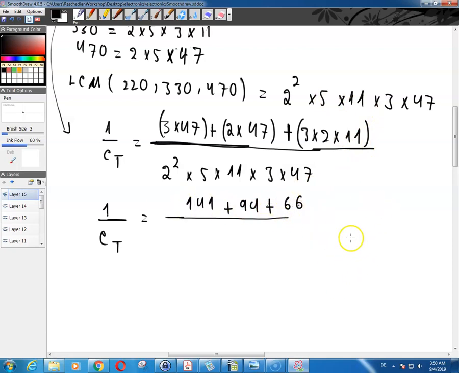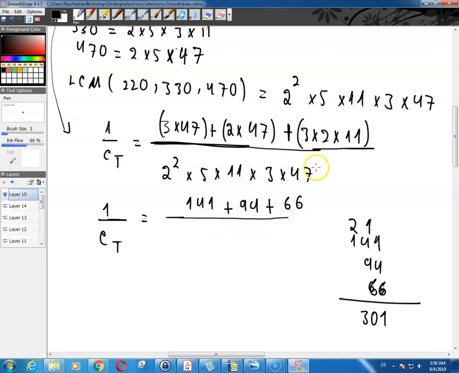Adding these numbers together, 141 plus 94 plus 66 is 301.